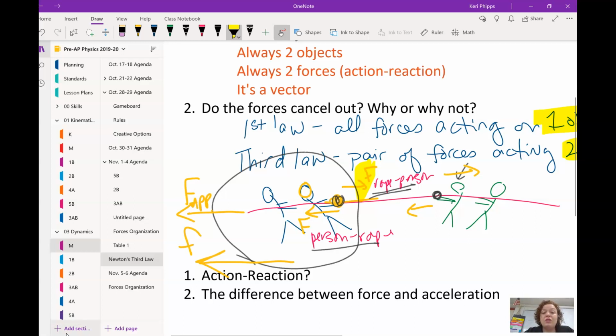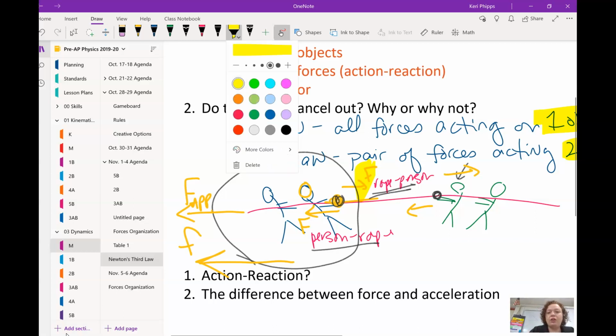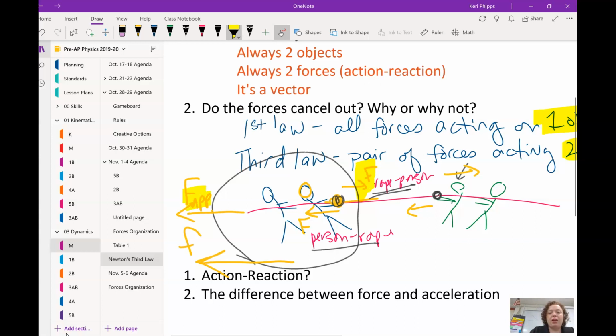That's about it. So you got the tension pulling one way, the applied force pulling this way, and the friction force, which is going the wrong way. Why is it going the wrong way, guys? It's going the wrong way because if they're moving, that means friction acts this way.